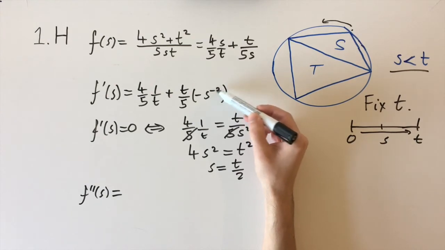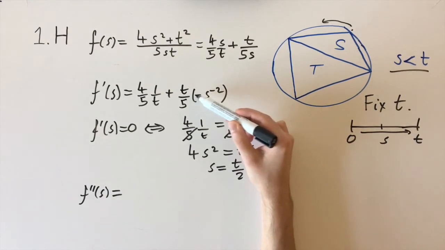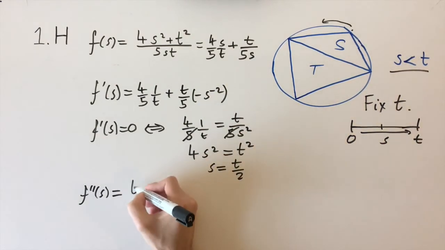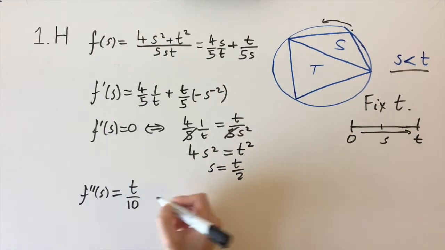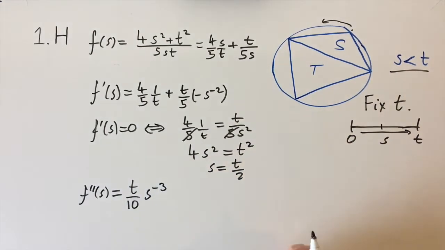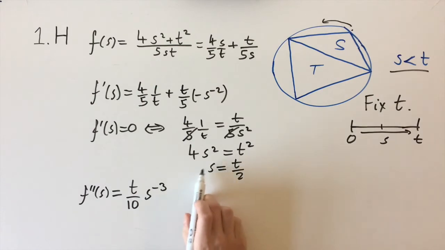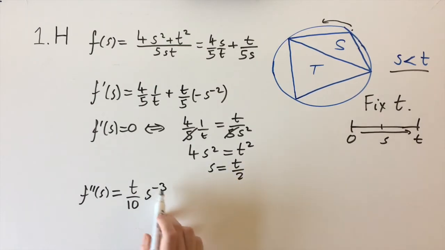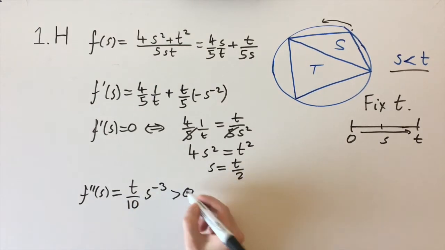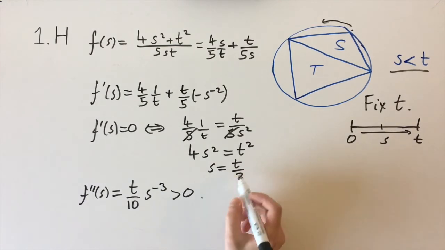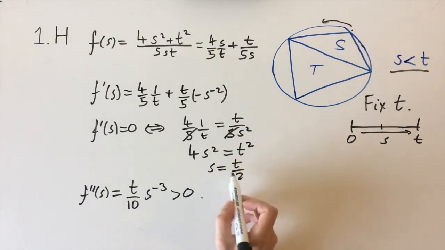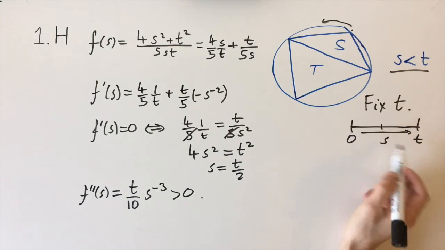We bring down the power of minus 2, and that cancels with the negative sign, and we're going to have t over 10 times s to the minus 3. Since this value of s is positive, the second derivative is positive at this point. That tells us this point is a minimum of this function in this range.